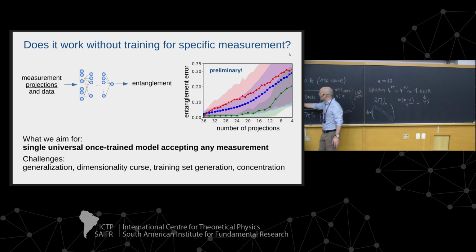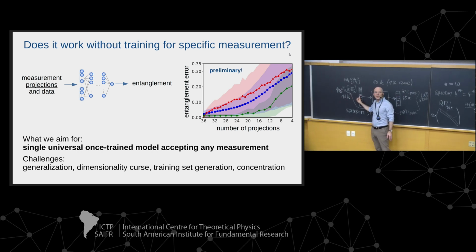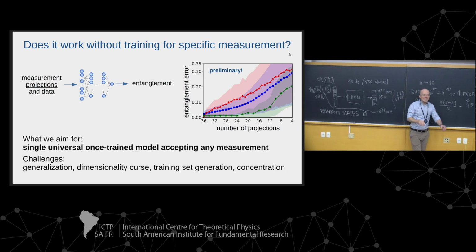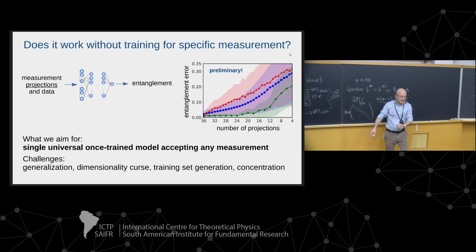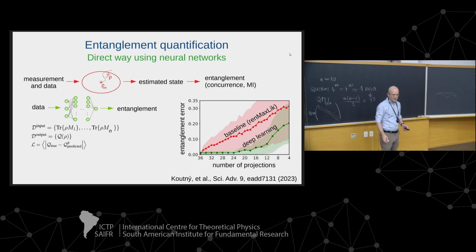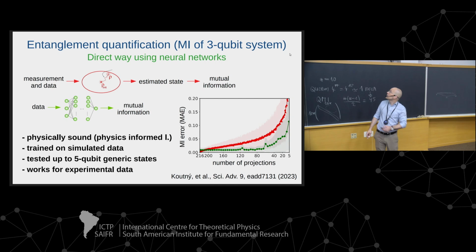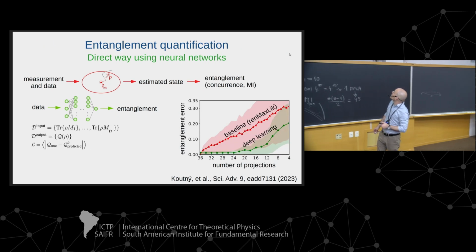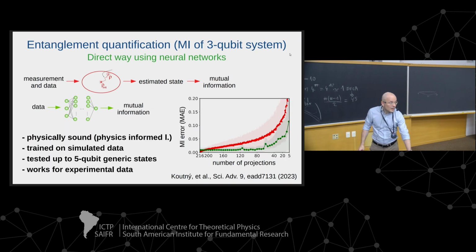If we change one projector or projection measurement here, we can't use this model. So it's specific. These models, and these were the results I showed you here, for example, and here for 2 qubits and 3 qubits and so on, are device specific. It works only for one particular measurement device.